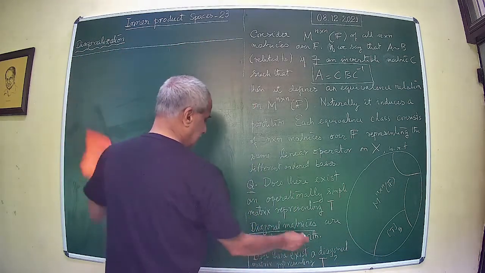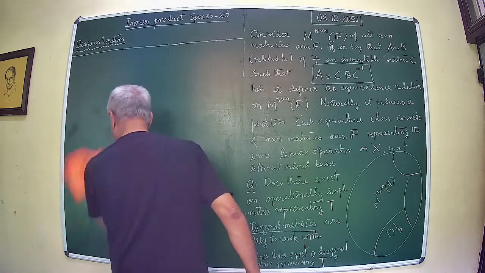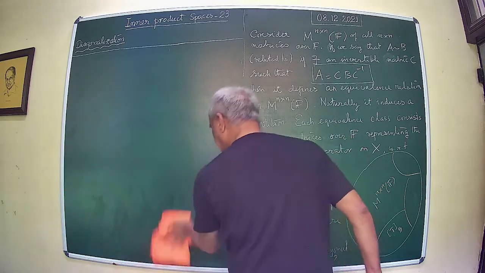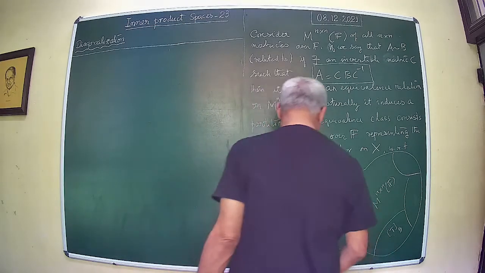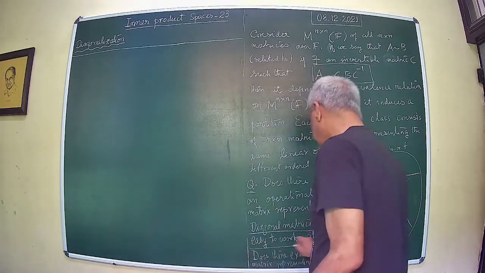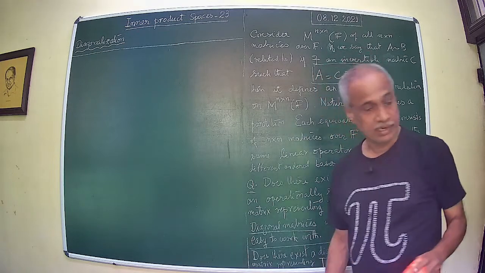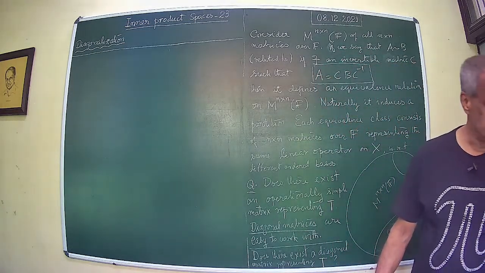So, this is the question of diagonalization. This is the problem of diagonalization. The answer to this is no. Not every linear transformation can have a diagonal representation.